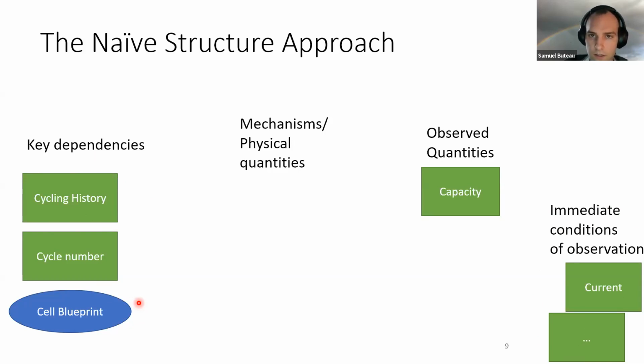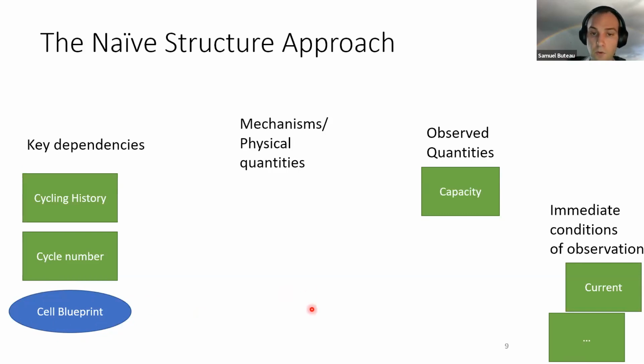All the theoretical description that you used to construct this cell, I call this the blueprint. It's a bit challenging to deal with because in the model we don't have a direct observation of all of these things. But anyway, let's assume for now that we have this variable.